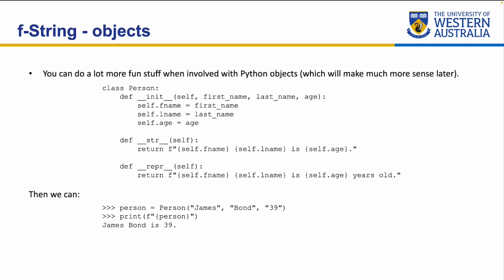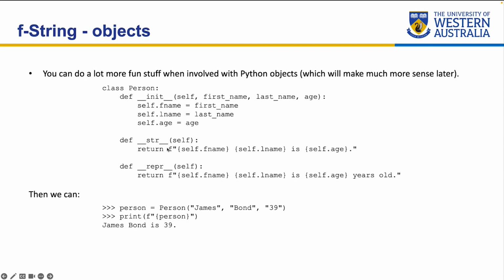Okay, F-string is also very useful for objects. Again, this will make much better sense later on when we cover objects. But if we do create an object, say class person, and we have a print function, which is the string representation defined, then we can simply print the object inside a F string.